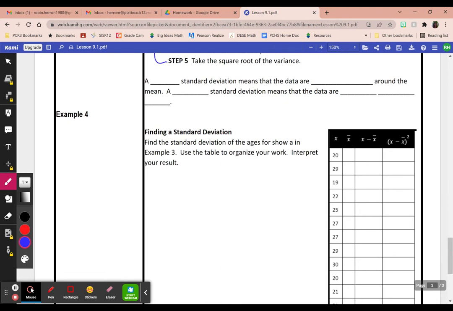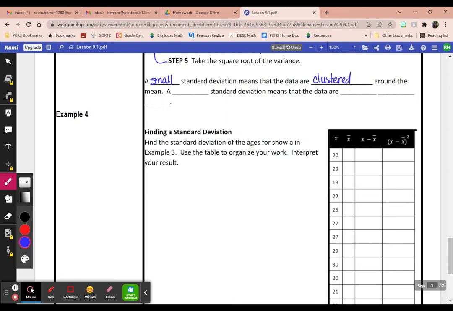So last part here, we're almost done. When we're talking about standard deviation, a small standard deviation means that the data are clustered around the mean. So they're really close in value, okay?